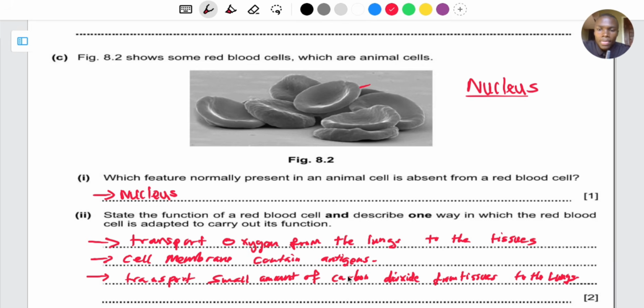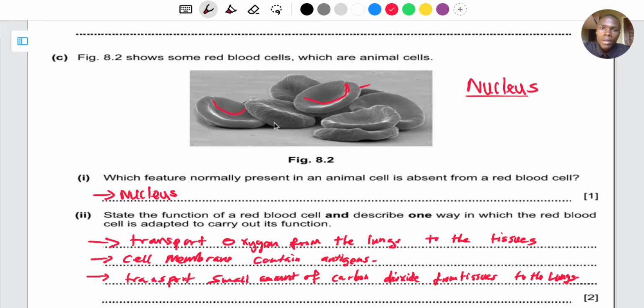Then this question has two parts, and we also have to talk about the adaptation. When you talk about adaptation, you're looking at the structures that the red blood cell has to perform its function. For example, it lacks the nucleus. It also has a biconcave shape, which is the structure you are able to see here. This biconcave shape enables the red blood cell to carry hemoglobin.